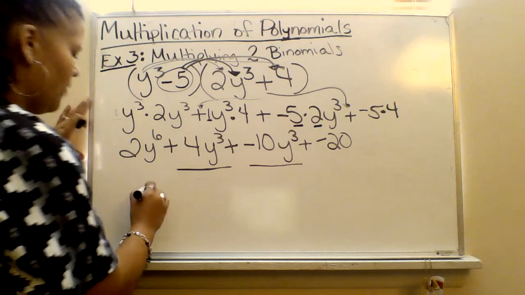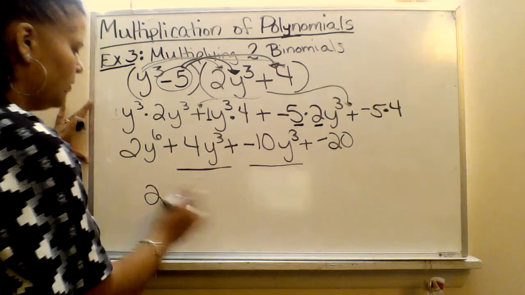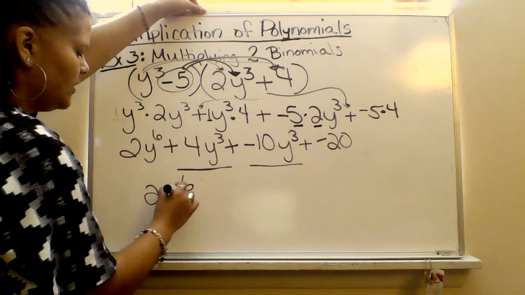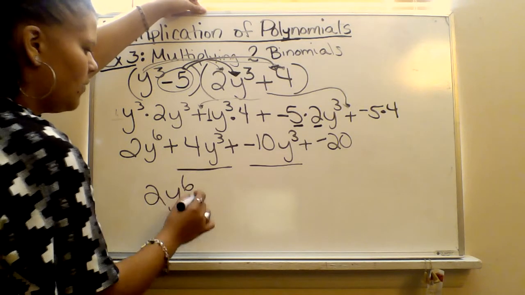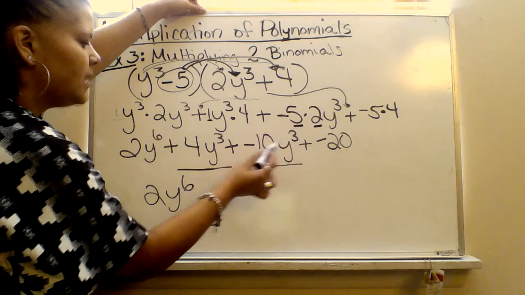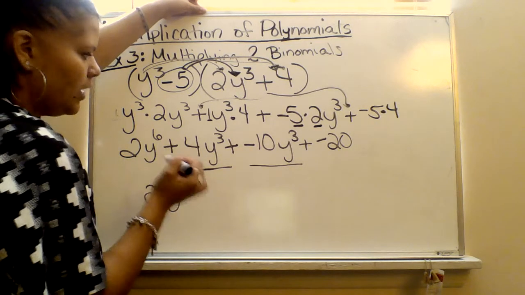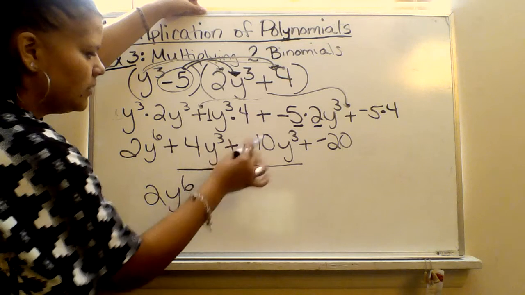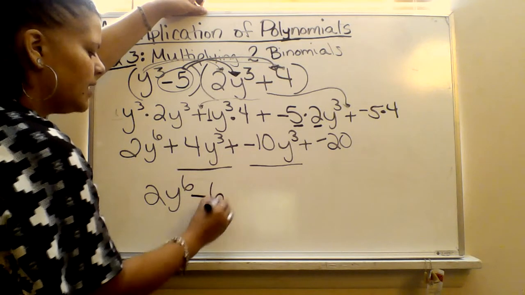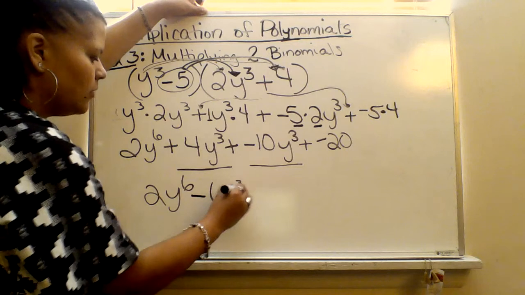So now we'll start with our 2y to the 6. There's nothing else to combine with it. Then we have our 4y cubed and our minus 10y cubed. So if I owe somebody $10 and I pay them back 4, I end up owing $6, or 6y cubed.